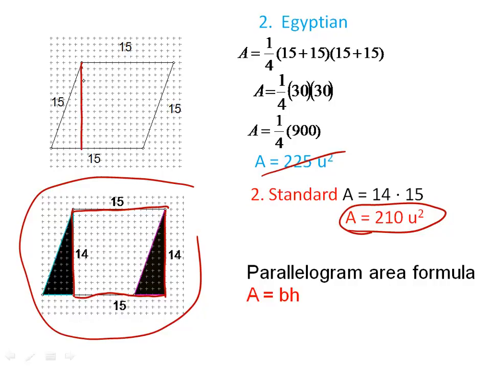So 1, 2, 3, 4, 5, 6, 7, 8, 9, 10, 11, 12, 13, 14 units. Just like we figured here. So 15 times 14, so that yields 210. So another way of showing that 225 units squared is the wrong area.